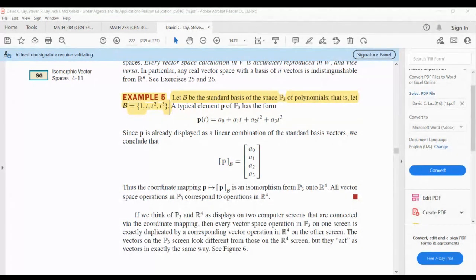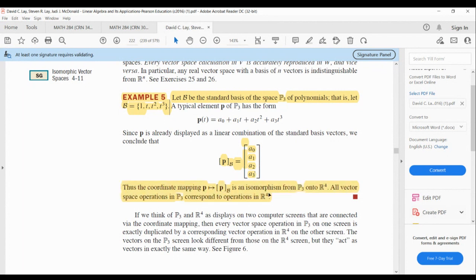And so you see the coordinate vector of the polynomial relative to that basis is just a0, a1, a2, a3. How many notice that to determine a polynomial uniquely, all you need to know are the constant a sub 0 and the coefficients of t, t squared, and t cubed for a third degree polynomial? How many have noticed that? You probably noticed it in pre-calculus, right?